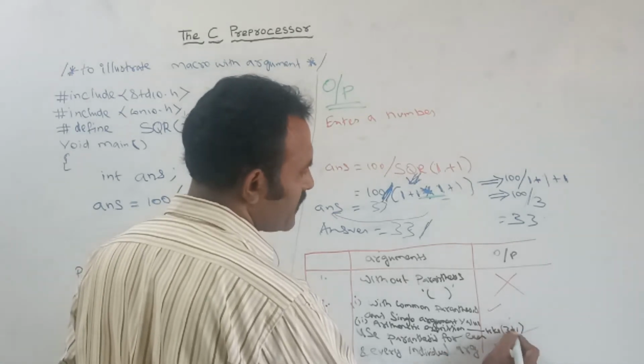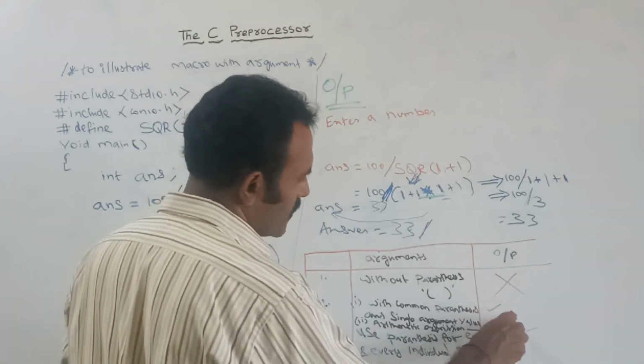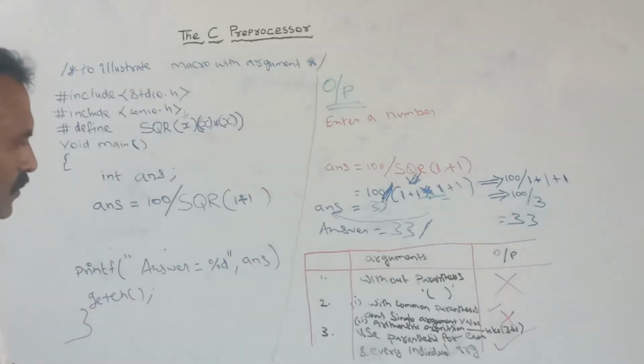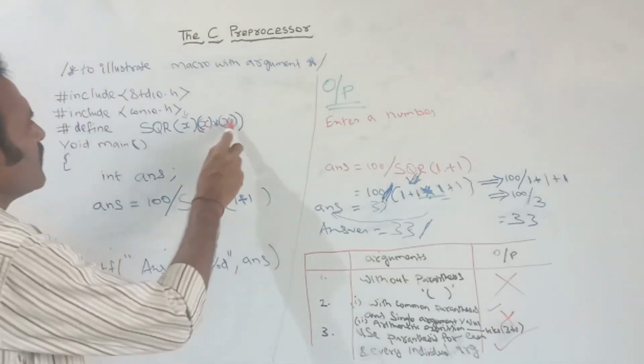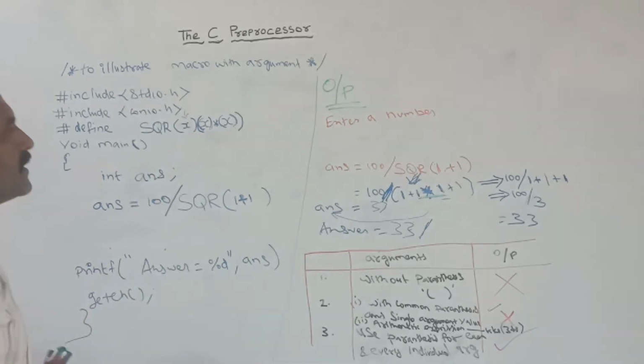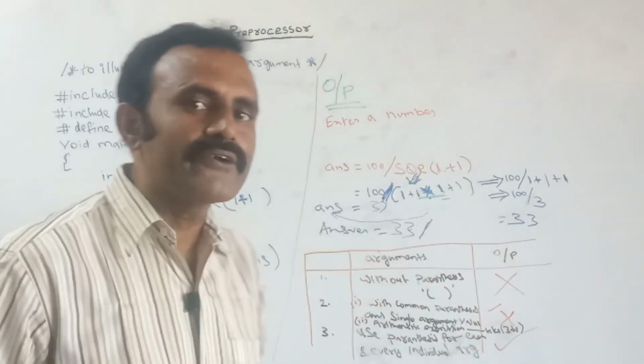In this way, if you are giving the input, then here it will be wrong. So if you are using the parenthesis for each and every individual argument, if you are mentioning it within the parenthesis, then it will give the accurate answer.